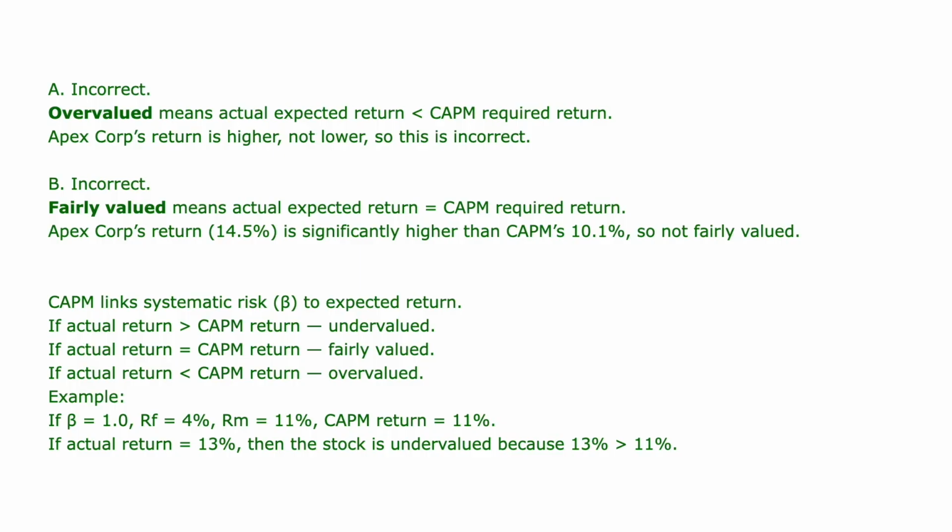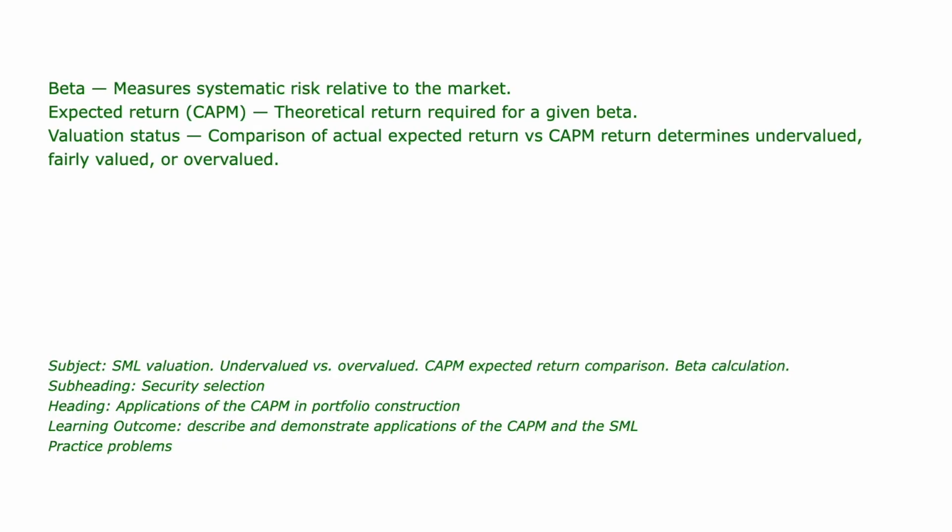Overvalued equals actual less than CAPM. Fairly valued equals actual equals CAPM. Apex meets the undervalued condition. Valuation status is determined solely by comparing actual expected return to CAPM required return. Beta calculation is a necessary first step.